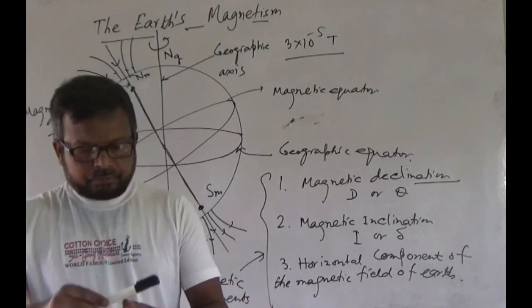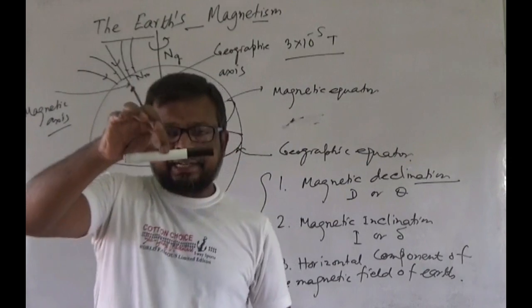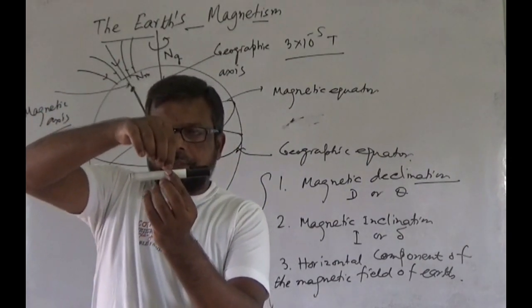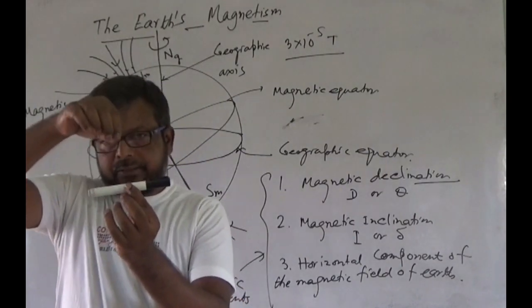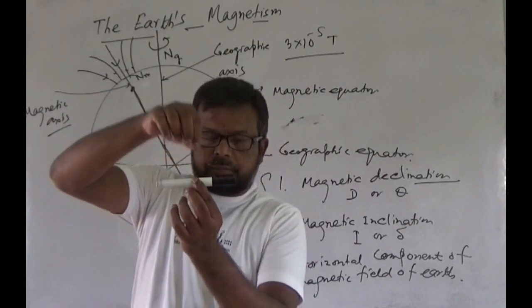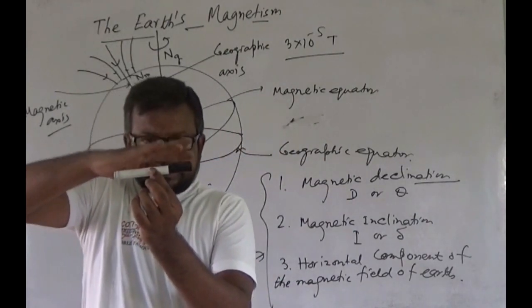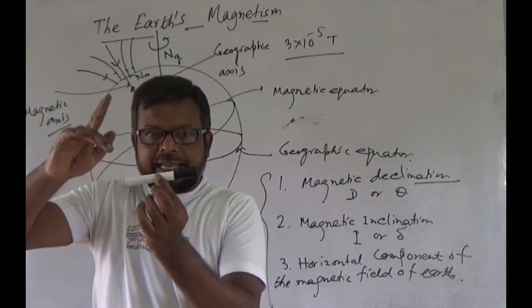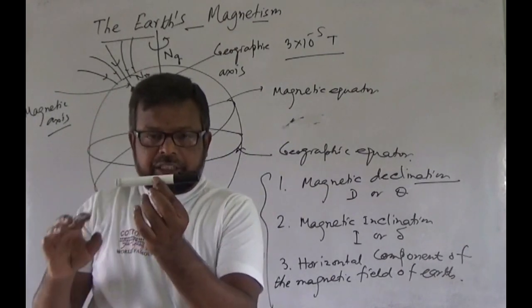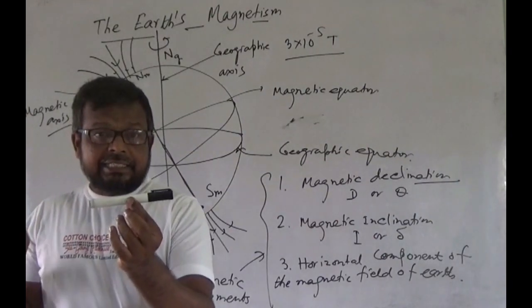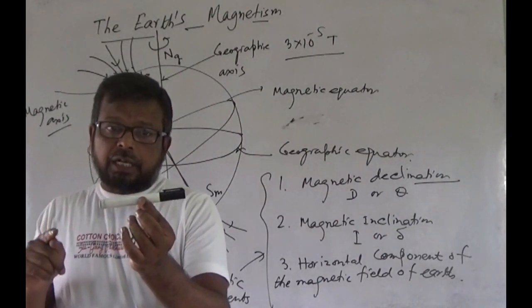That means, if this is our magnetic needle, hang it from its middle position, its center of moment. Then this axis will make an angle with the horizontal. That means it will not be horizontal at each and every point of the Earth's surface.